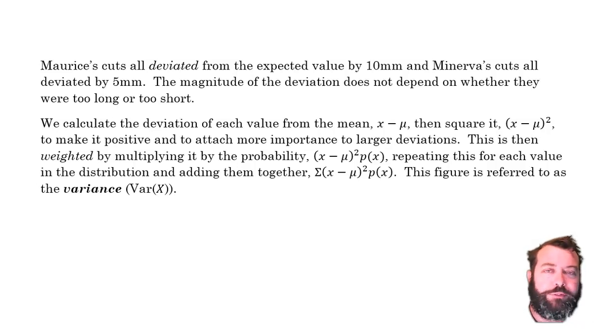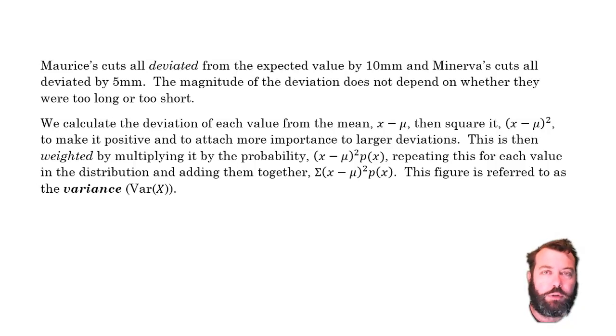Now, so we've found the deviation, the difference between the value and the mean. Then we're going to square it, and then we're going to weight it in the same way that we weighted all of our values to calculate expected value, right? We take that squared deviation and we multiply it by the probability.